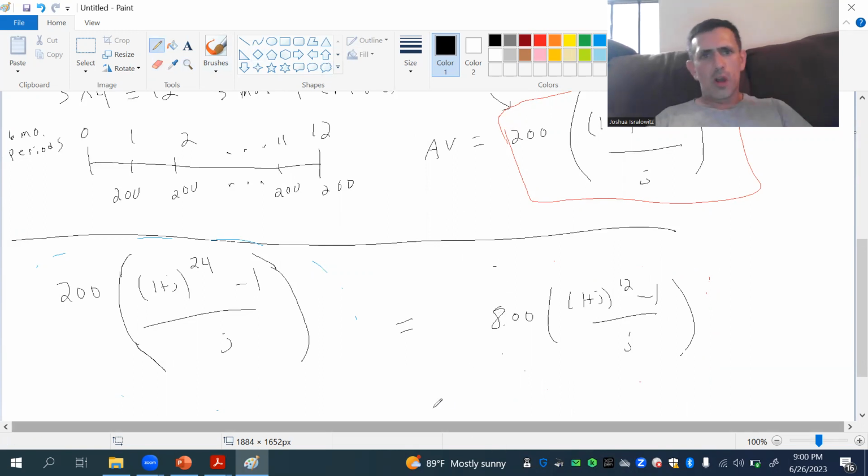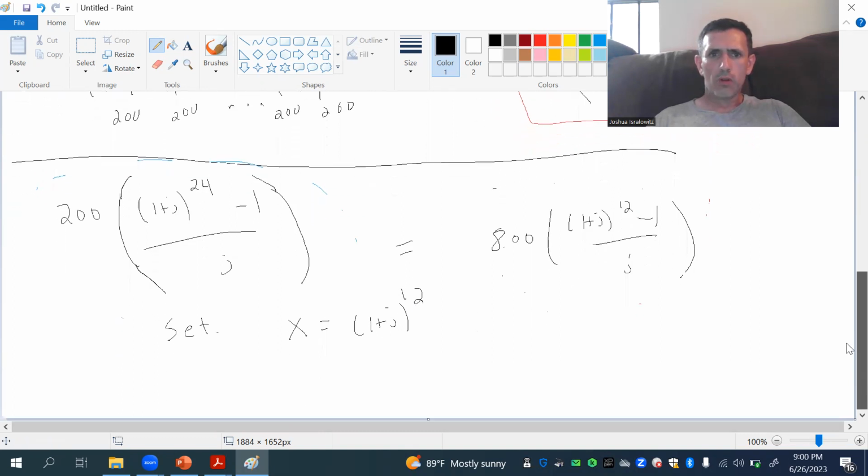All right, so what I'm going to do is set x to be, or you can set whatever variable you want, just do x. Let's set this to be 1 plus j to the 12th. One thing I also want to do is multiply both sides by j. Why not? So that goes away, that goes away.